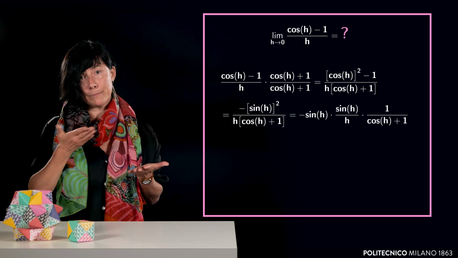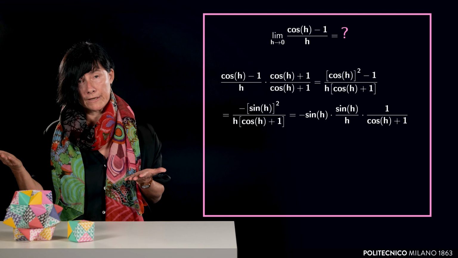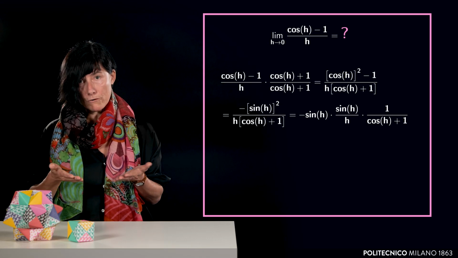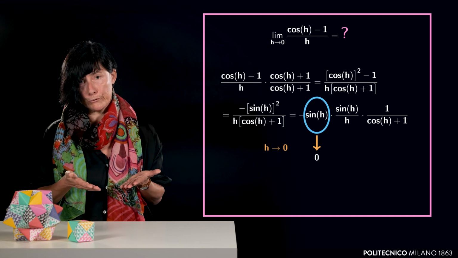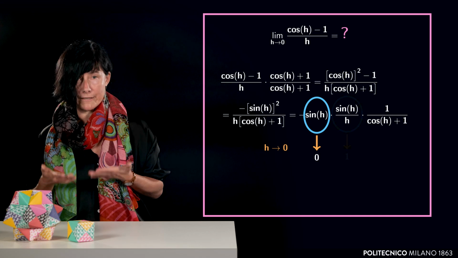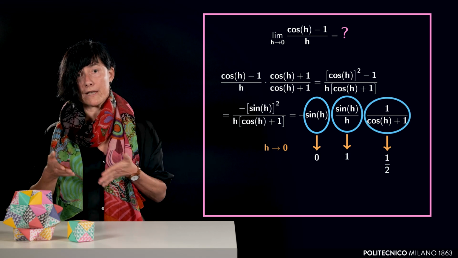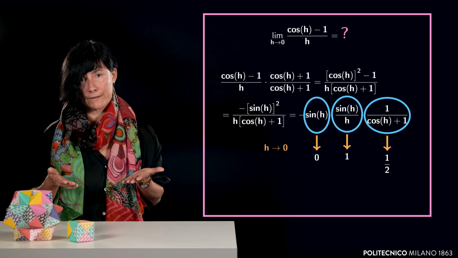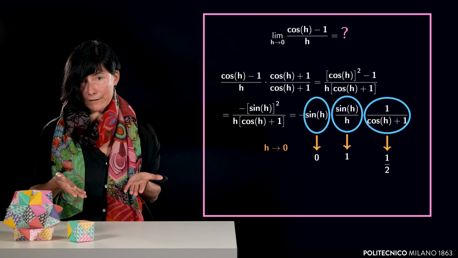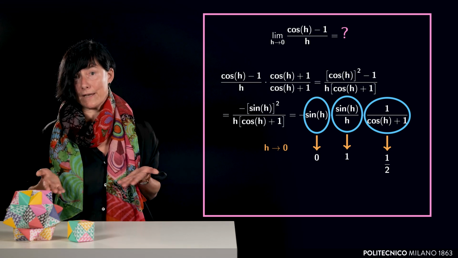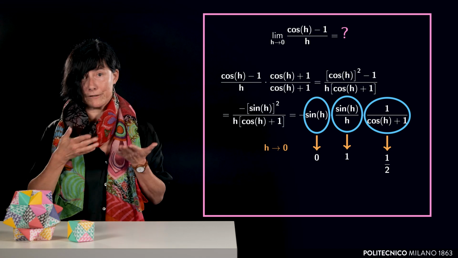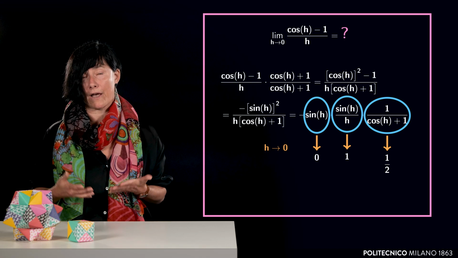The result is the product of these three terms. As h approaches 0, sine h approaches 0 too. The second term is once again the special limit, so it is 1. And finally, the last term approaches 1/2. Since the limit of a product is the product of the limits when they are finite, it turns out that the limit of our ratio is precisely 0.